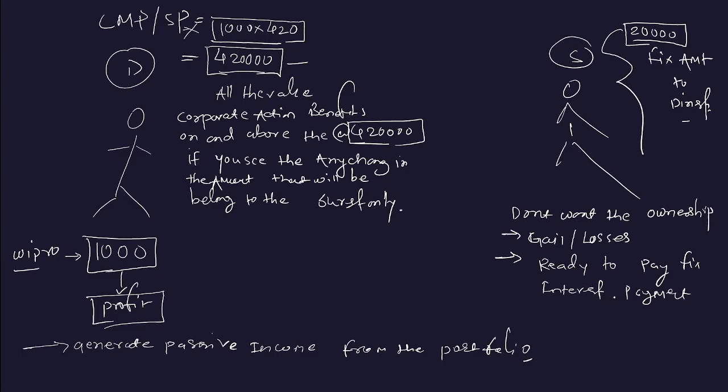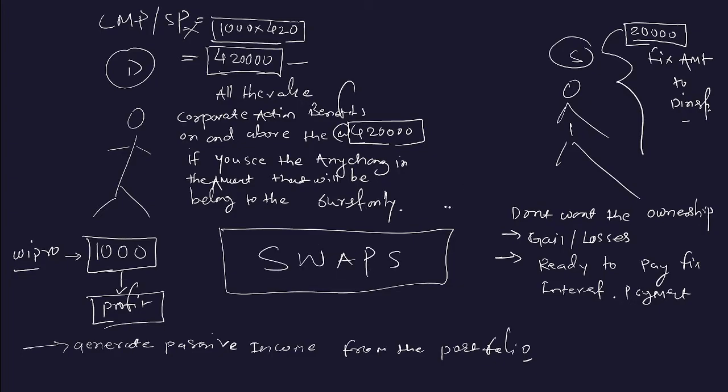And let's say both are agreed. Then if you are agreed with these terms, you can execute the swap contract.